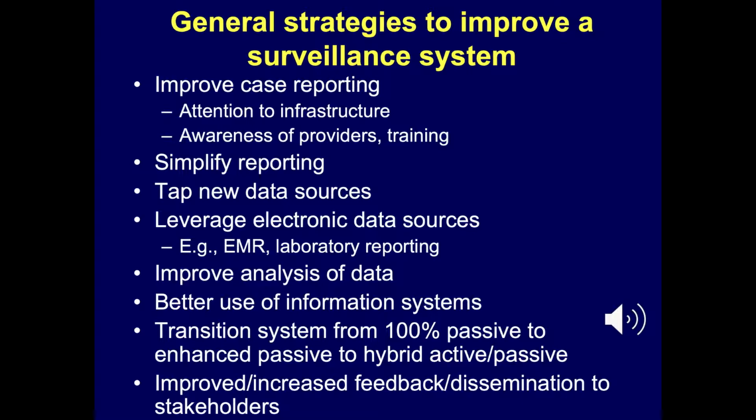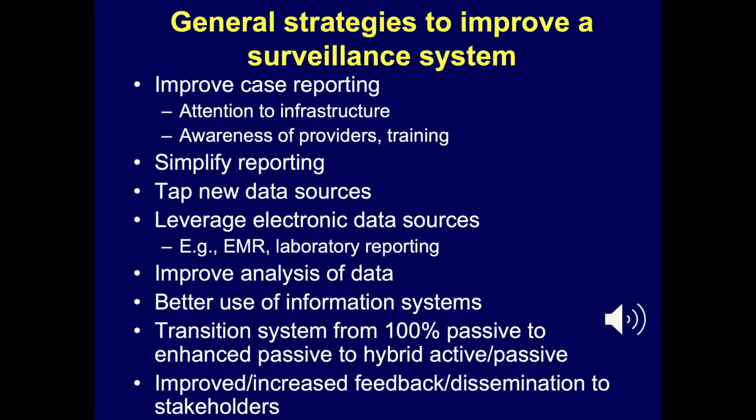On the data use side, there's often improvements that can be made in terms of how the data are analyzed and processed that health departments can work on. And that also can mean better use of design or use of the information systems that they use to manage the surveillance data.